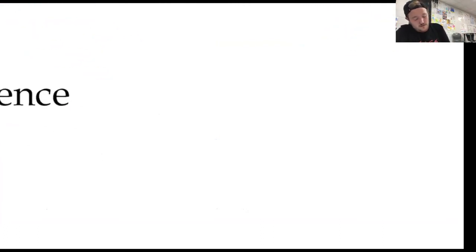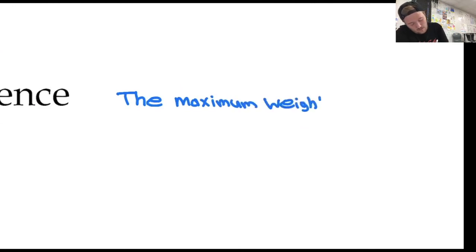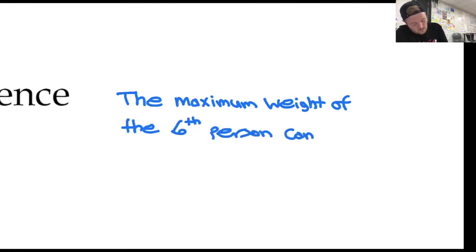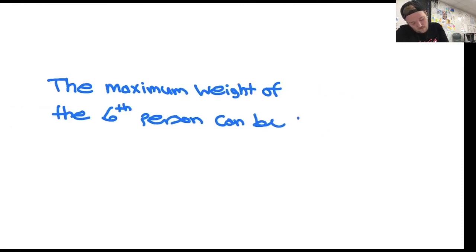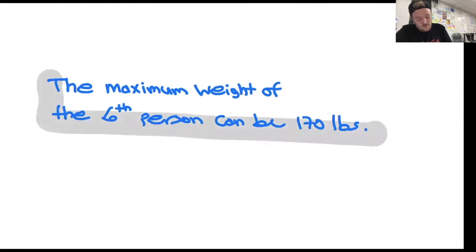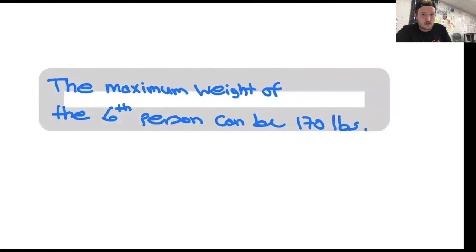So what this means is the maximum weight of the sixth person can be 170 pounds. Okay? It doesn't have to be a 3-page expository essay on anything, like literally just a sentence.